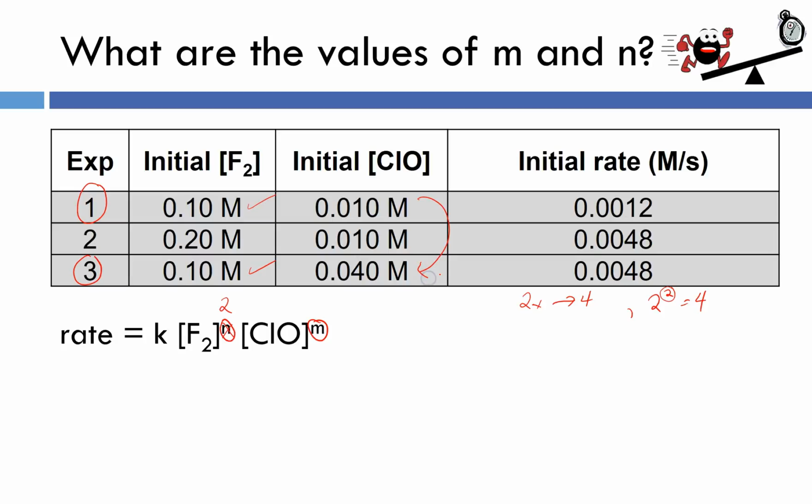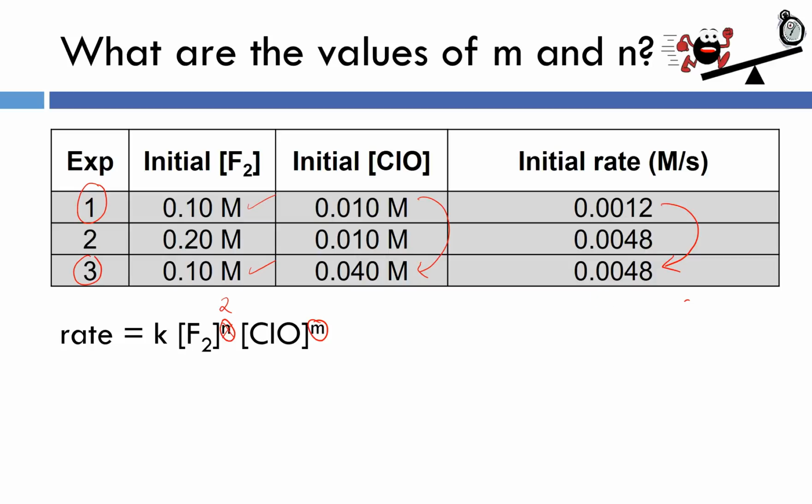ClO goes from 0.01 up to 0.04 molar. So I quadruple my concentration of ClO. I'm going to take a look at what happens to the rate. It goes from 0.0012 up to 0.0048. So it too has quadrupled.